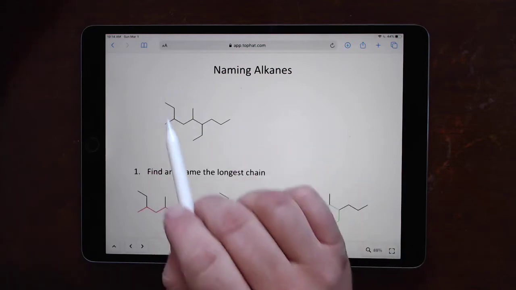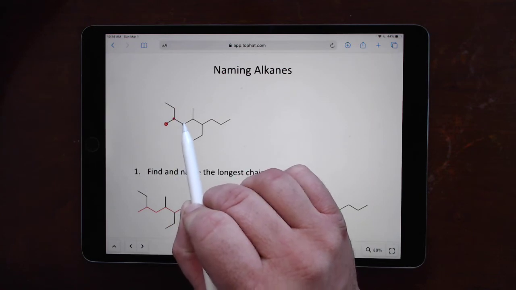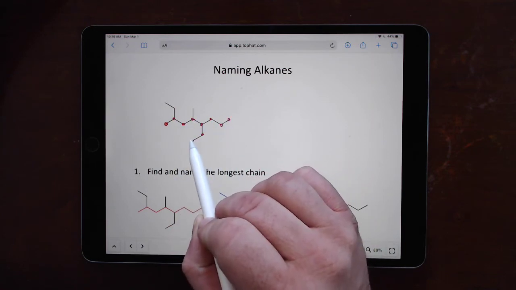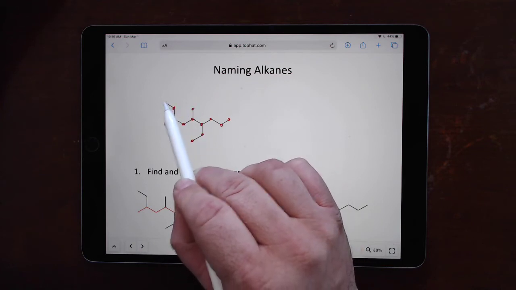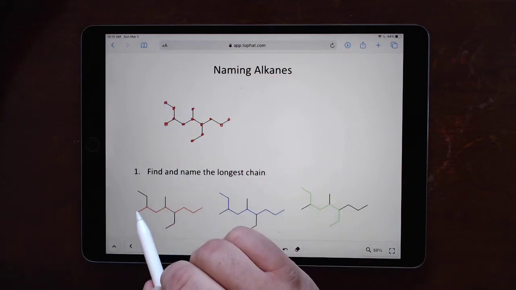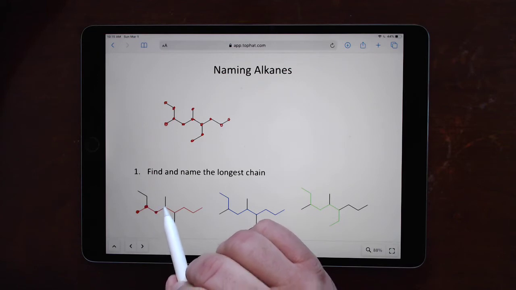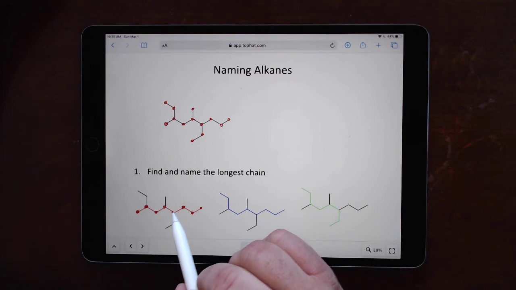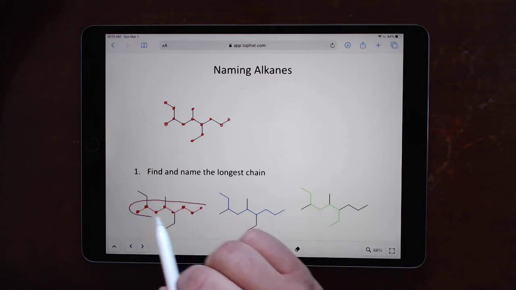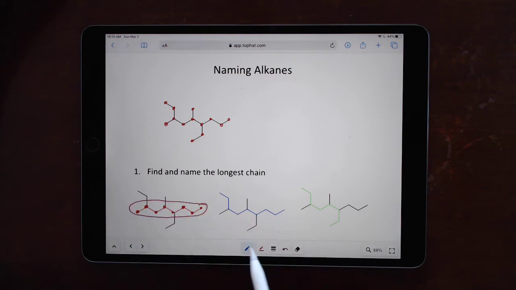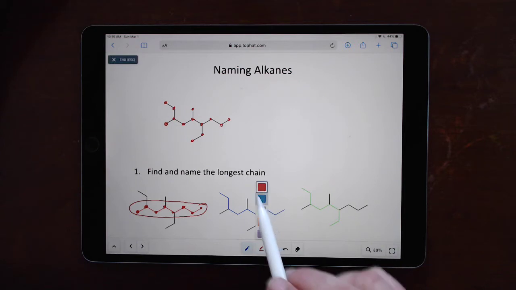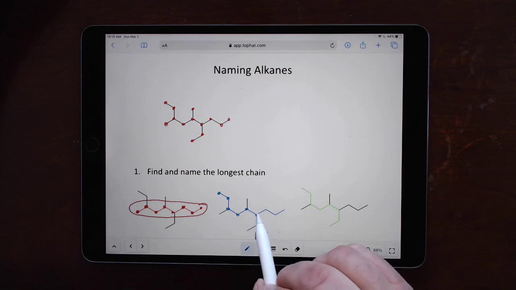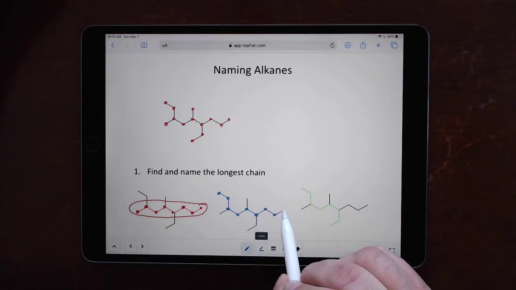So I'm going to put in the carbons here, just so we can see it. If we just did the main, the horizontal, and you'll see me circle it lots of times, it'd be 1, 2, 3, 4, 5, 6, 7, 8. So that would be here. But we could also do 1, 2, 3, 4, 5, 6, 7, 8, 9.